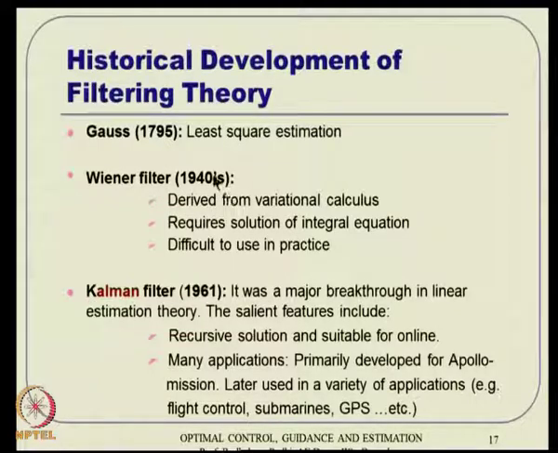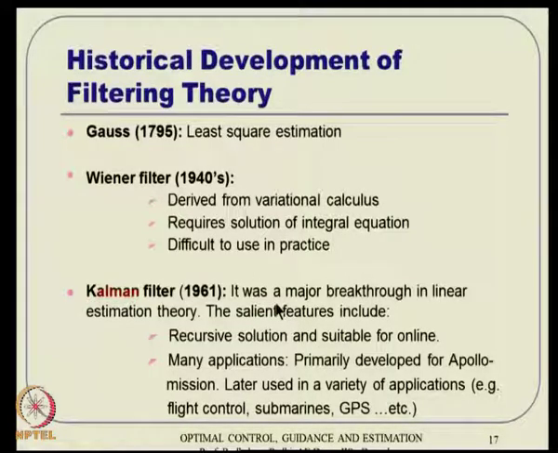But then in the 1940s, Wiener proposed new ideas, something like a filter, and he derived it from a variational calculus point of view. Unfortunately it requires the solution of an integral equation, and turns out it is difficult to use in practice. However, the idea content was good, and hence Kalman got interested in that. He got quite motivated by these ideas, but he repackaged it in a very different sense, in a time domain sense, whereas the Wiener filter was largely in the frequency domain.